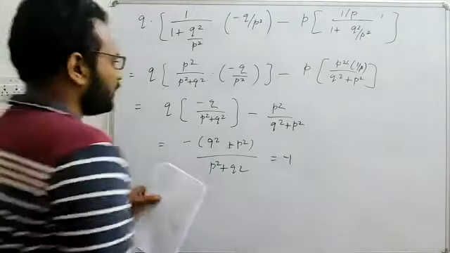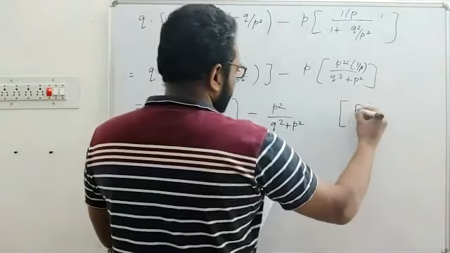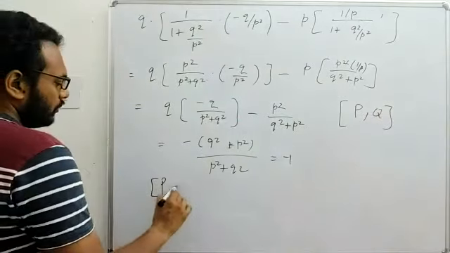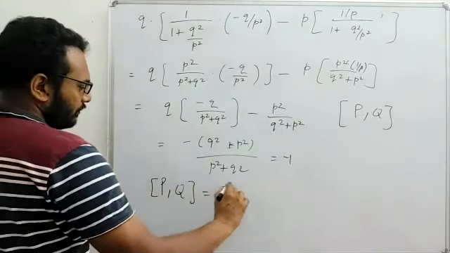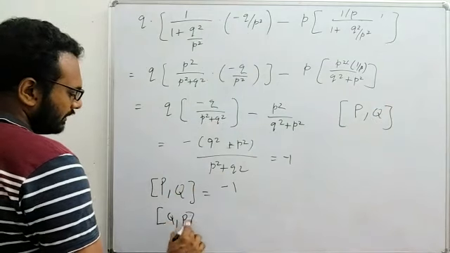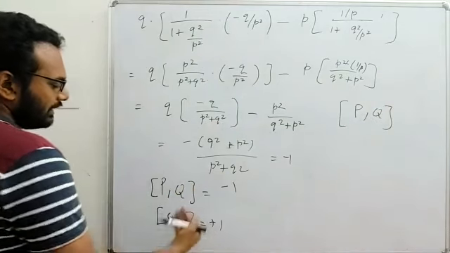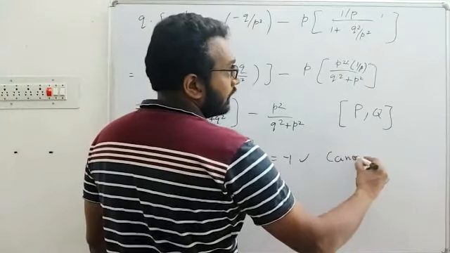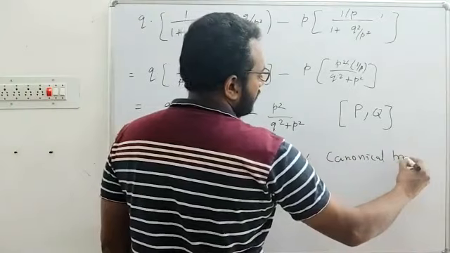We checked P with Q, right? So we got it as minus 1. This means that Q with P is equal to plus 1. So you can check either of these. So this also is a canonical transformation.